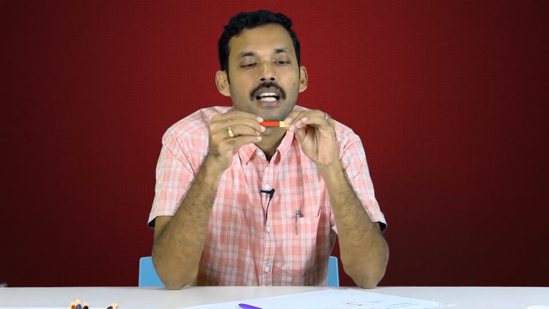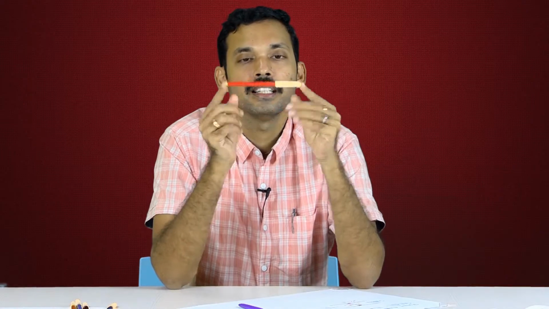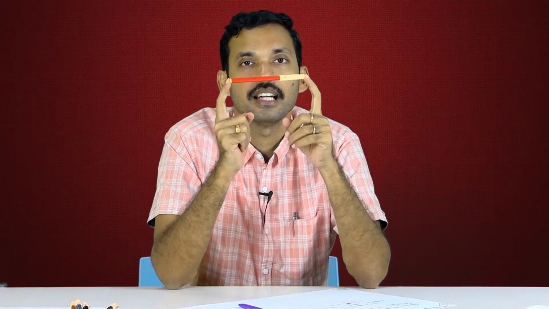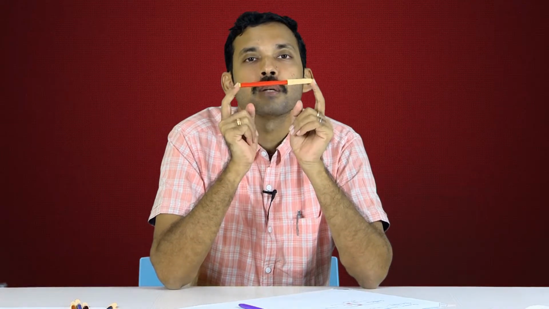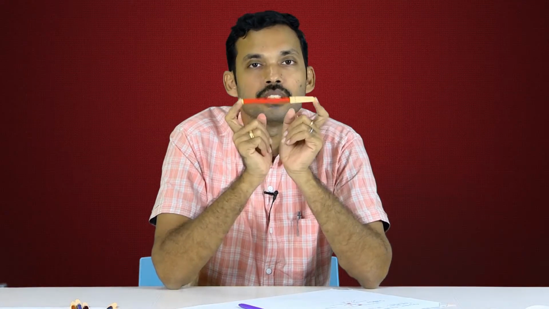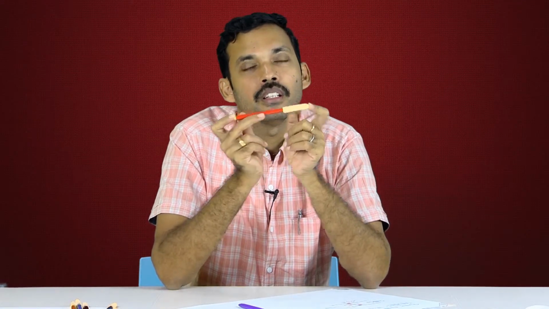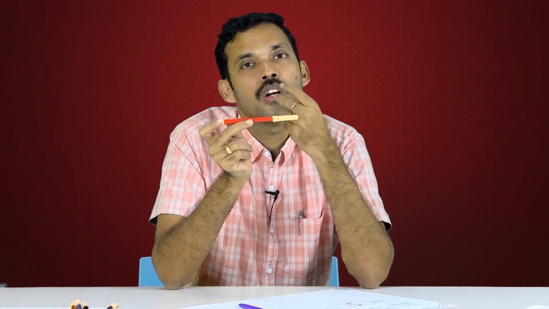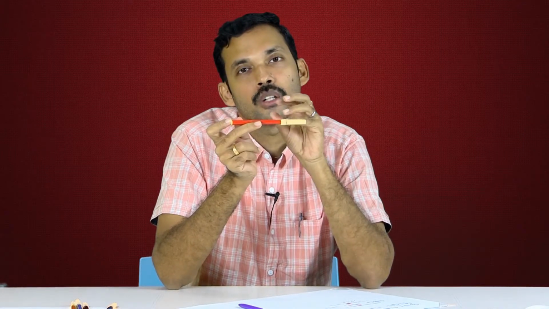You can even imagine this red pen as a hot wire at 100 degrees centigrade, and if you blow some air over this, what will happen? Immediately the cold air from my mouth will hit the hot wire and the temperature will drop.